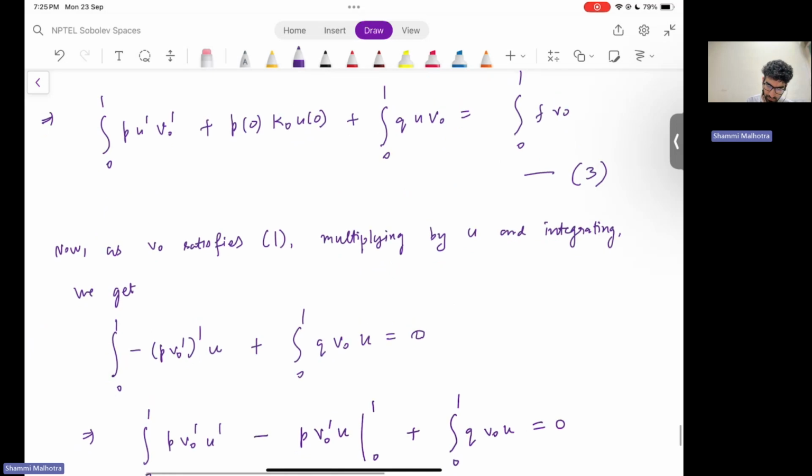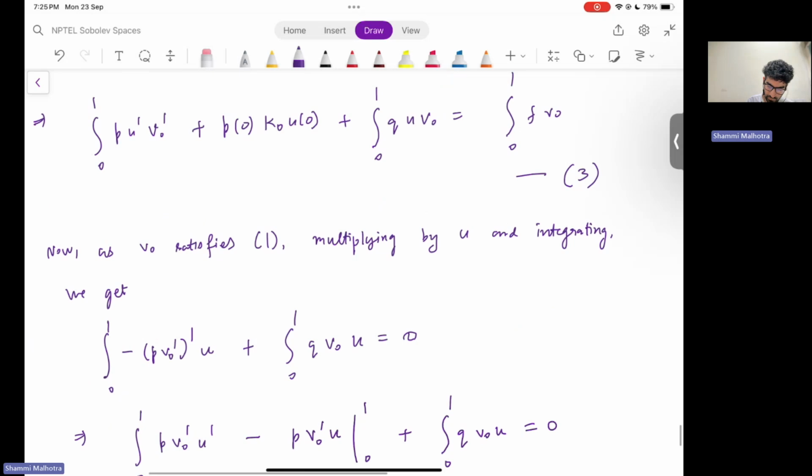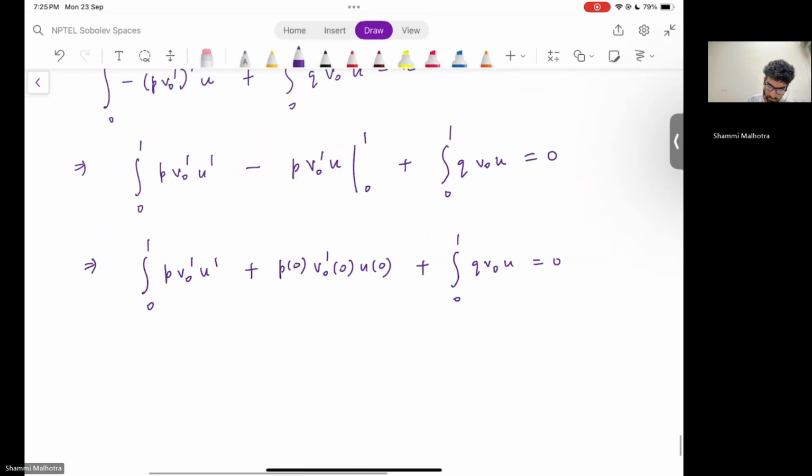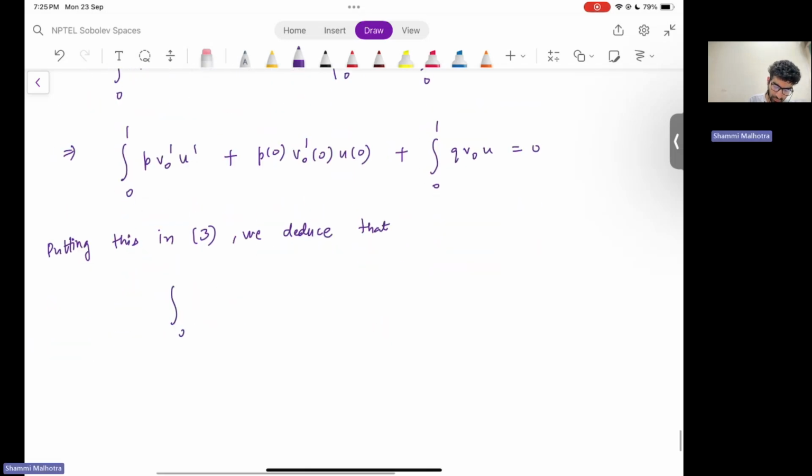So we can put this thing in 3, and we deduce that the integration 0 to 1 of f with v naught is 0 only.